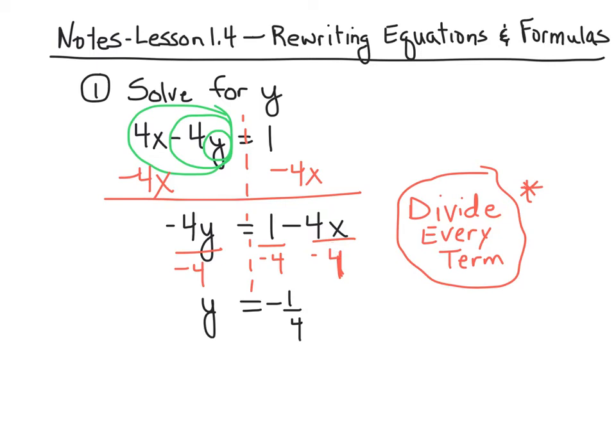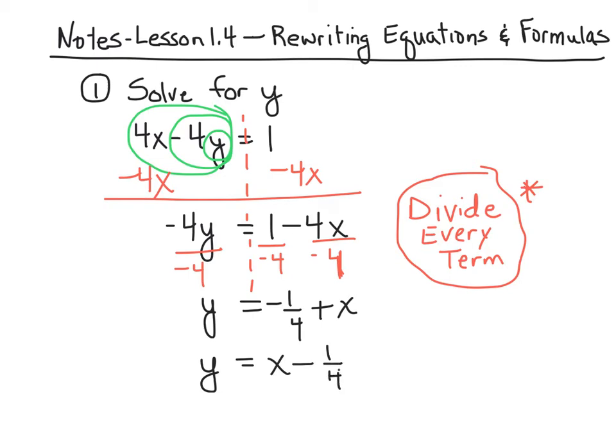The 4s cancel, so you'd have plus X. And then the last thing you have to do is put it in the right order. So you're going to go Y equals. In the correct order would put this variable first. X would come first, positive X, and then minus 1/4. X minus 1/4. So you need to put the final solution.